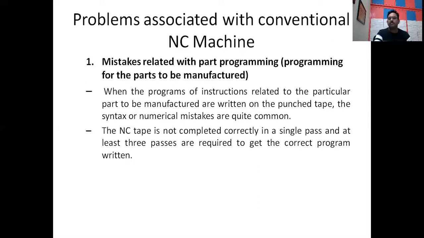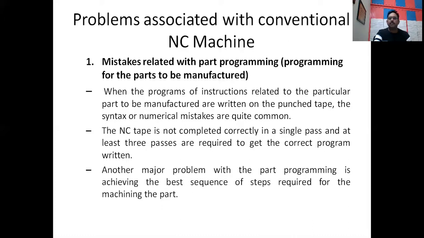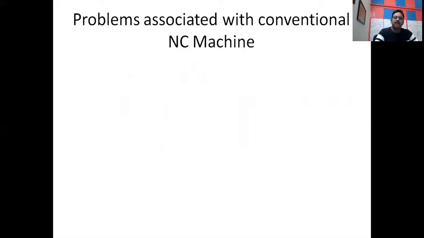If the part program is not done properly, the entire manufacturing process will collapse. Another major problem with part programming is achieving the best sequence of steps required for machining the part. So which operation has to be done first, second, third, and fourth. That is the sequence of steps. That is very problematic.